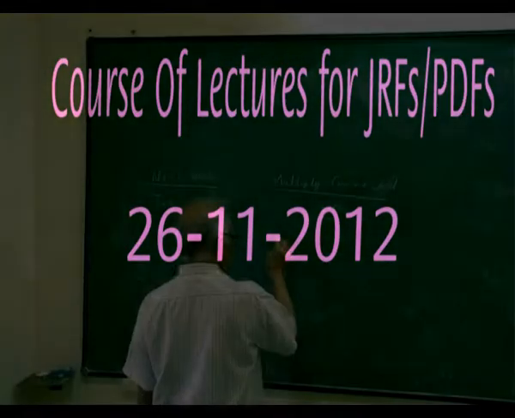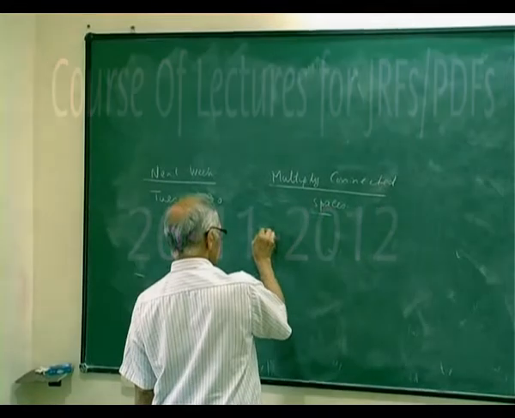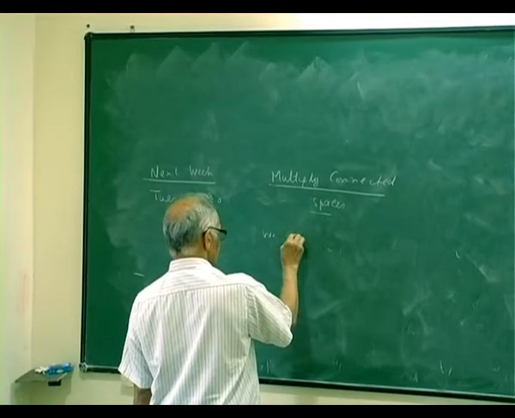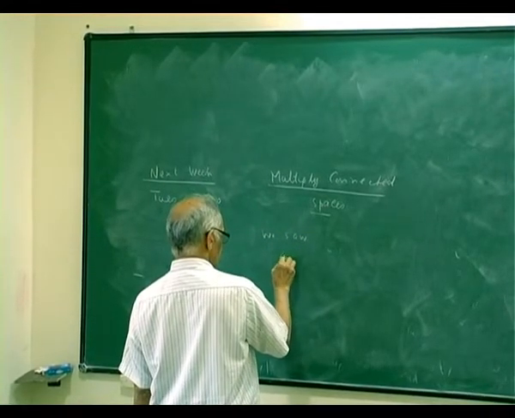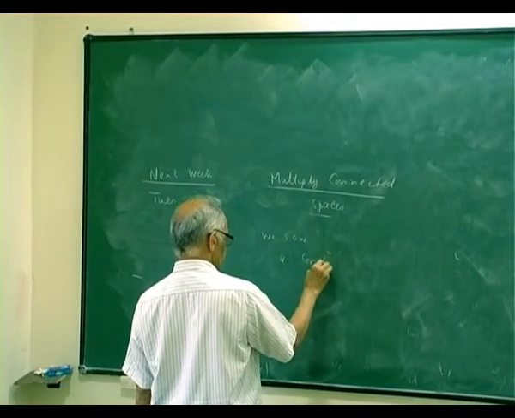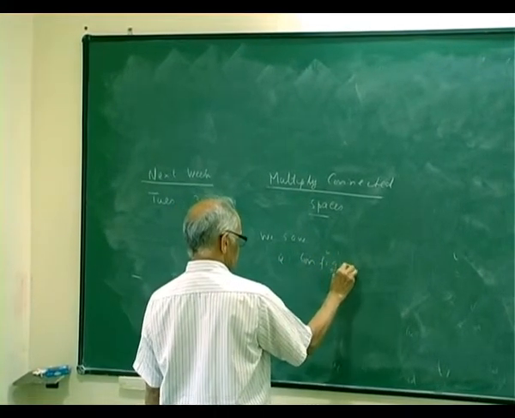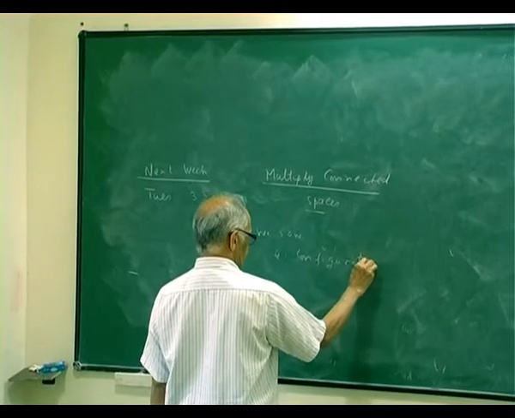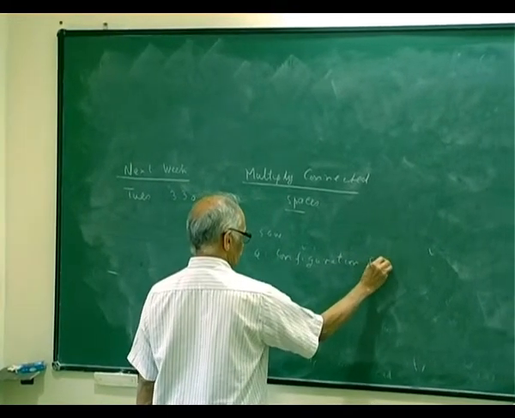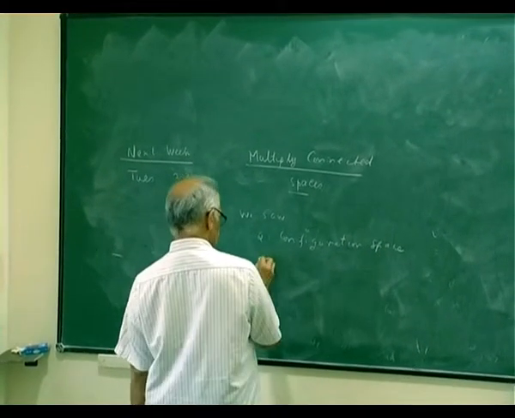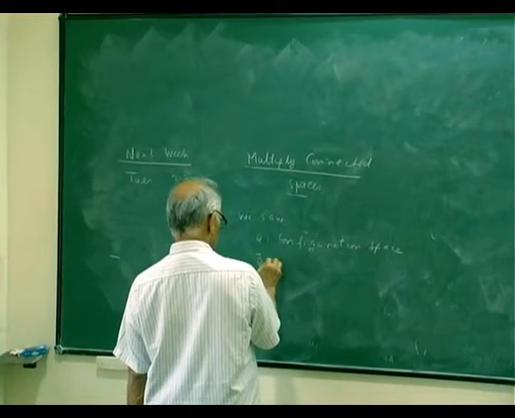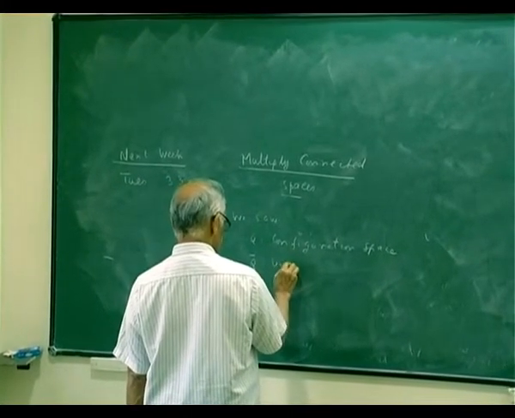What I was saying is the following. We saw, for instance, that Q is the configuration space, and associated with it there is Q bar, the universal covering space.